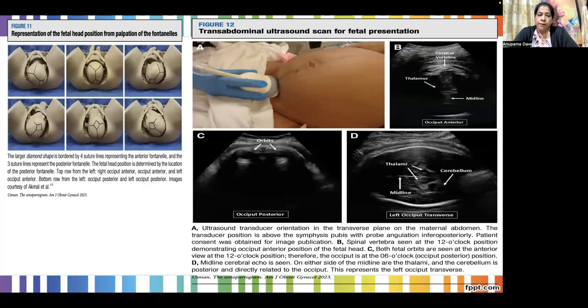So this is how, by palpation of fontanelles, we do find out the position. Here in a transabdominal scan, this is how they can ascertain whether it is occiput anterior or occiput posterior. Occiput posterior by position of orbits, occiput anterior by identifying the thalamus and the midline, and left occipital transverse can easily be seen by presence of thalami in midline and cerebellum.